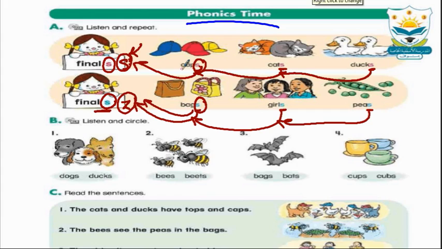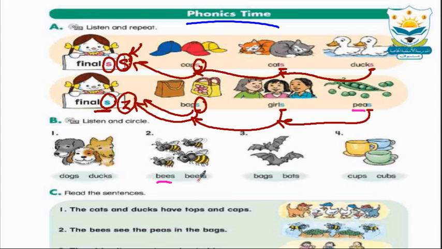Repeat after me again: caps, cats, ducks, bags, girls, peas. Be careful, I have peas, P-E-A-S, because I also have a word called bees, B for book, double E. So peas is the pea, but bees is different in pronunciation, B-E-E-S, which is the bees. Okay? Dogs, dogs, ducks, ducks.